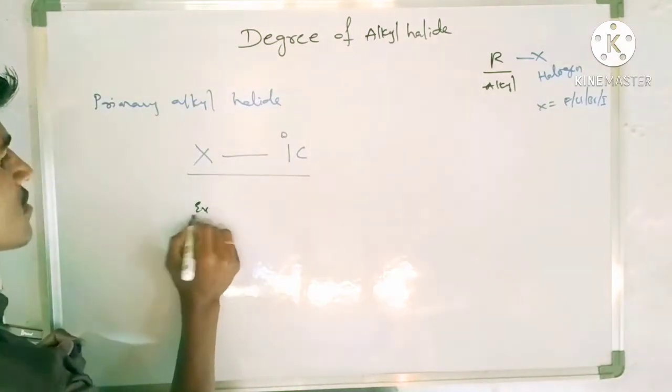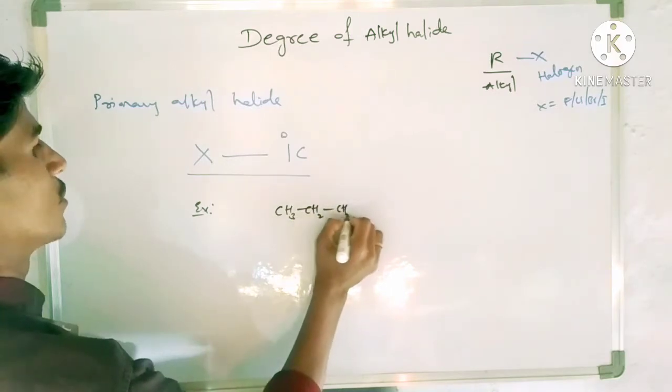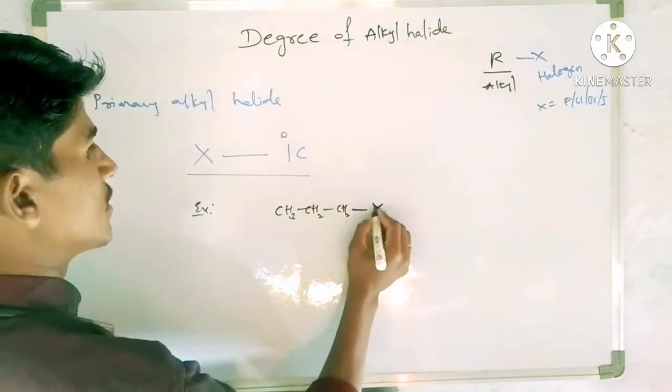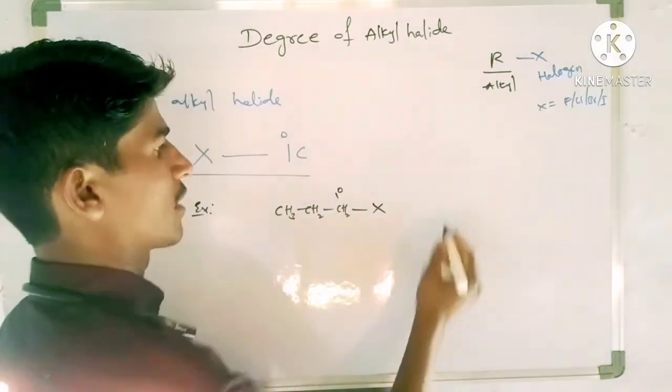Let us take an example: CH3, CH2, CH2X. This halogen is attached to the primary carbon, so this is a primary alkyl halide.